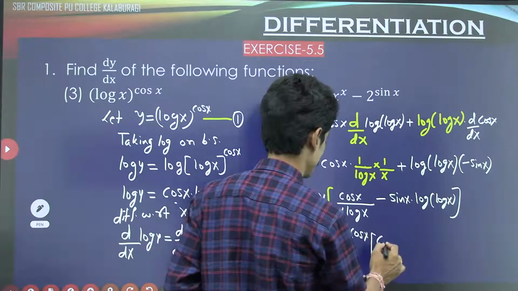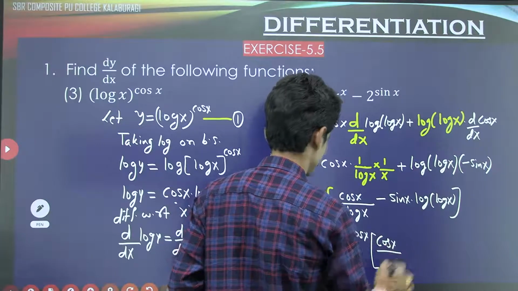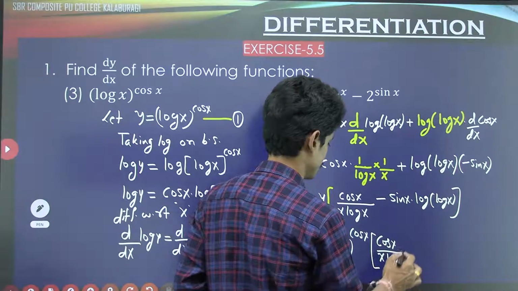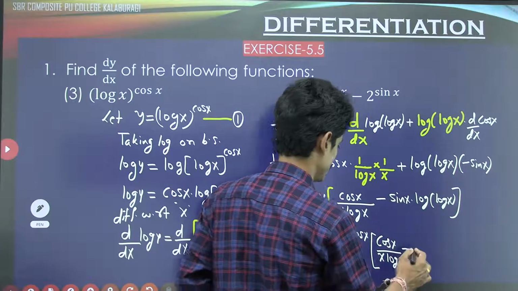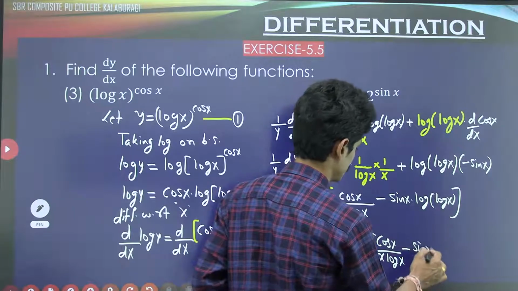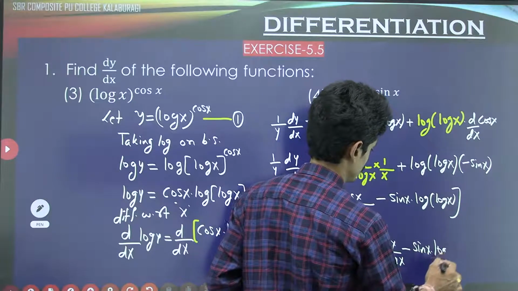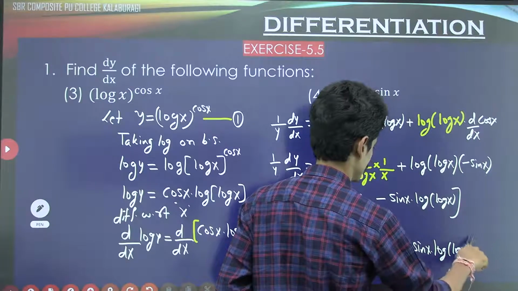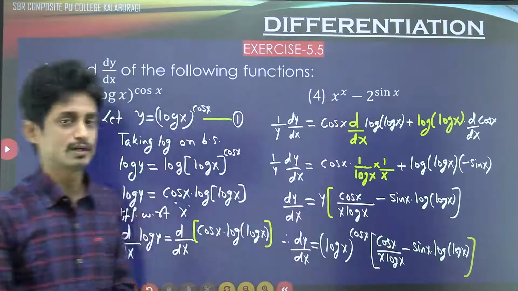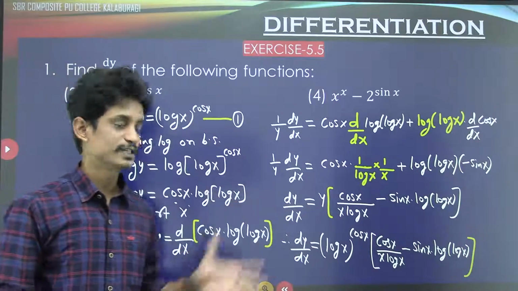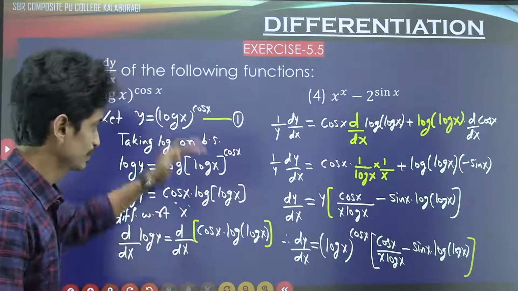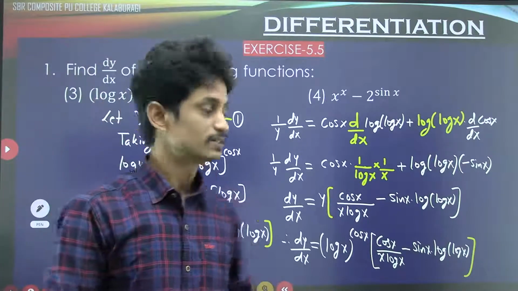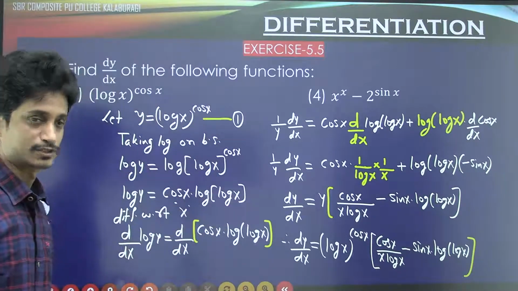Inside the bracket, it is cos x divided by x times log x, plus minus sign we have, it would be minus sin x into log of log x. So by applying log on both the sides, these many steps we face. Please note it. Whenever they ask to solve by applying the logarithm, then we can solve this way.